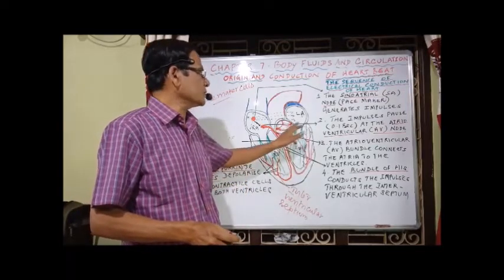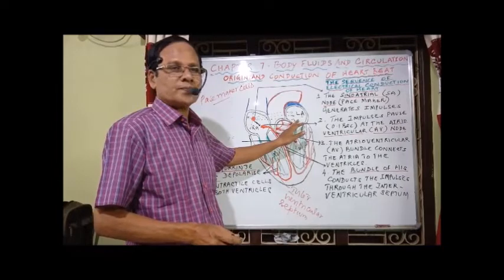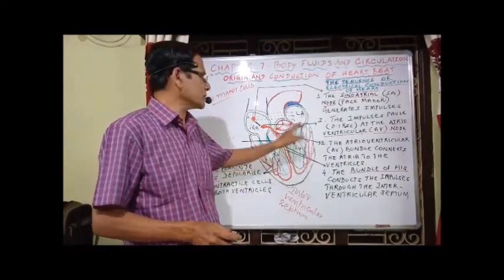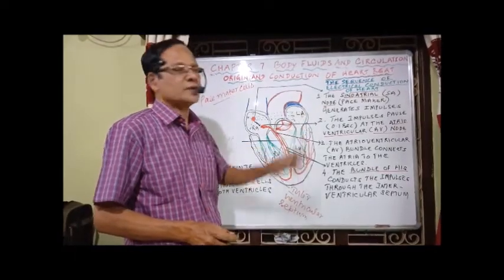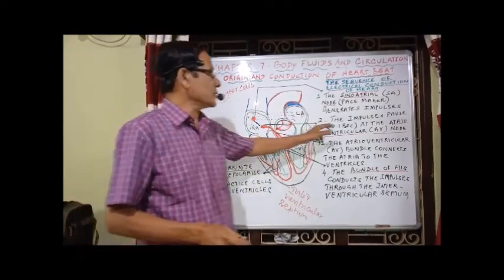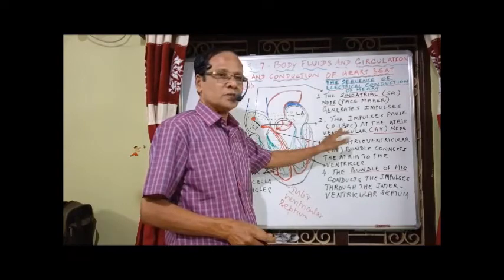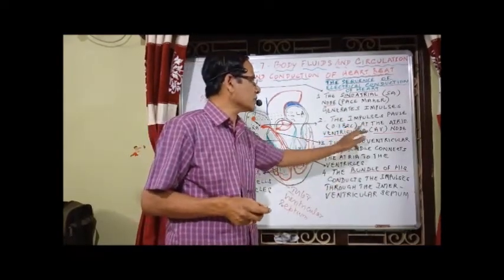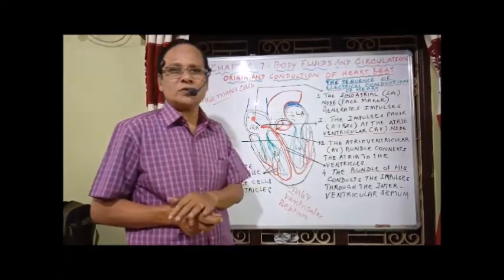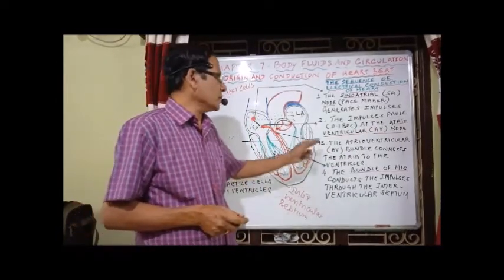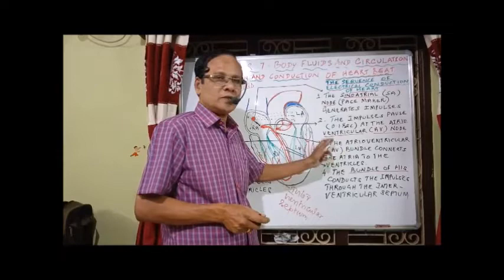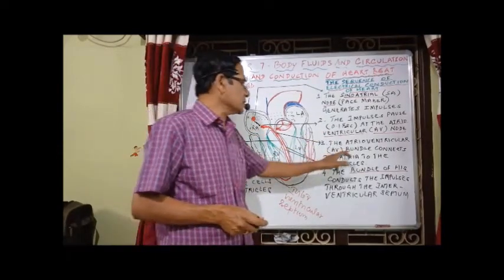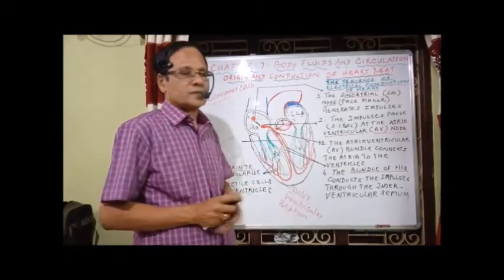There is no direct conduction of impulses from the atria to the ventricles due to the presence of a pad of tissue at the junction of the atrium and ventricle. Second, the impulses pass 0.1 second without moving at the atrioventricular node for a while. Then the atrioventricular bundle arising from this node connects the atria with the ventricles.